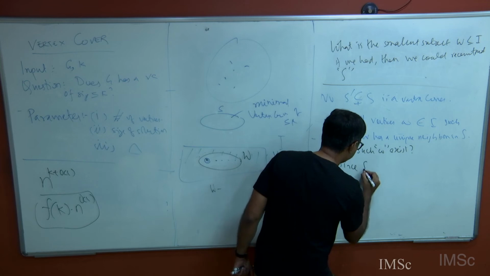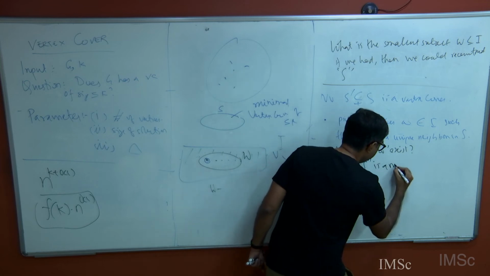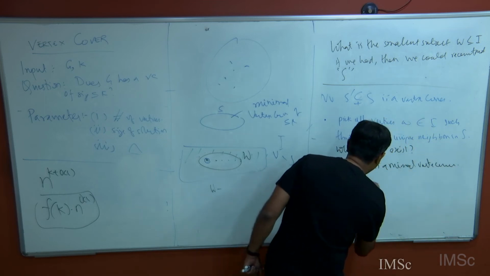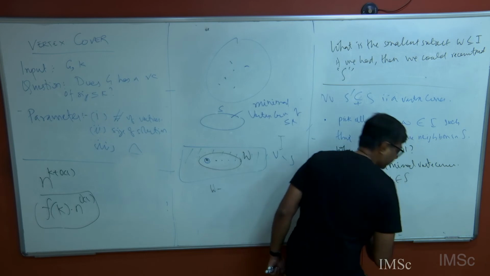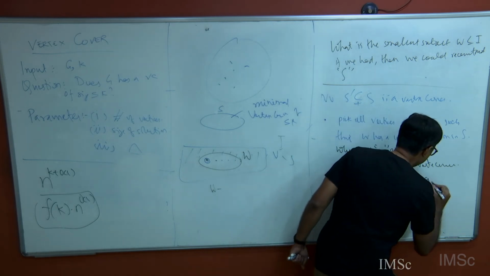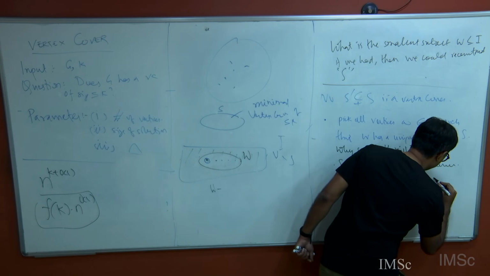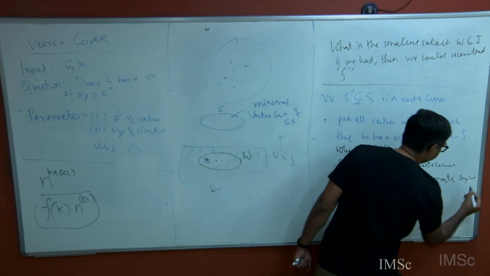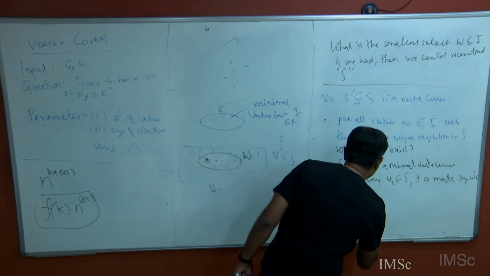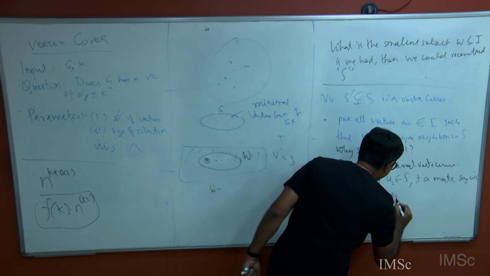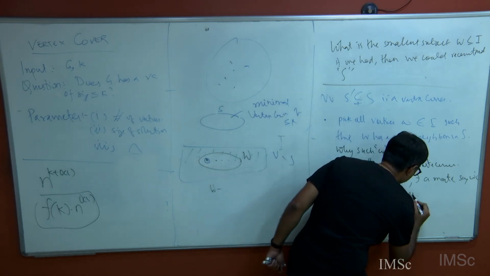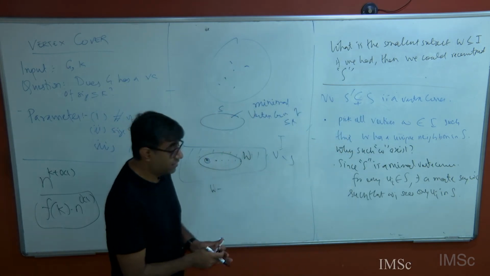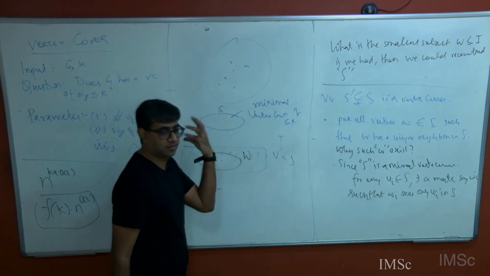Since S is a minimal vertex cover, for every U in S, there exists a mate, say W. For every Ui in S, there exists a mate Wi such that Wi sees only Ui in S. And this is true about every vertex in this.